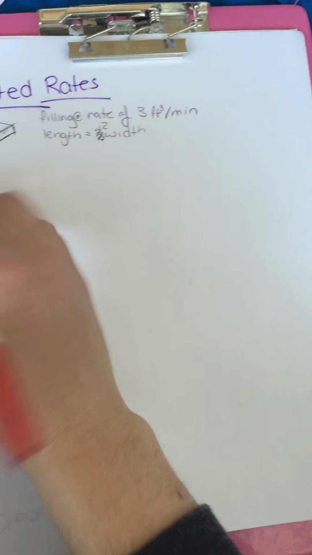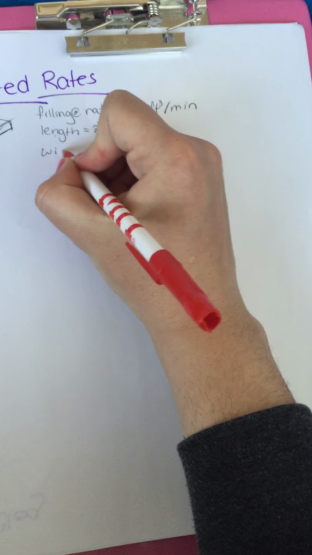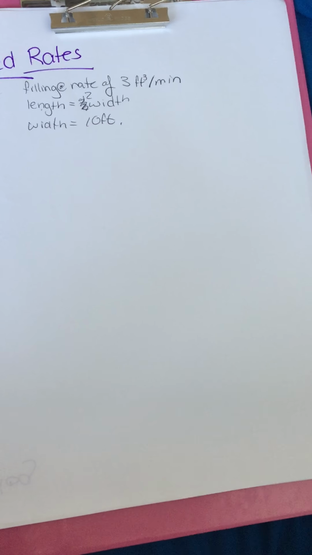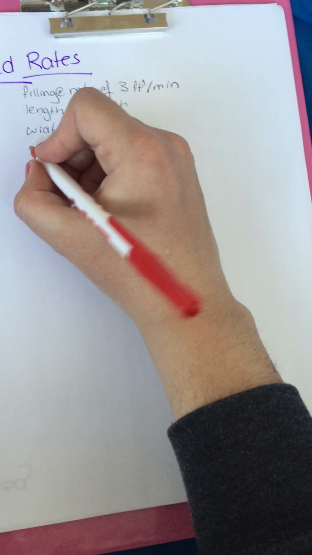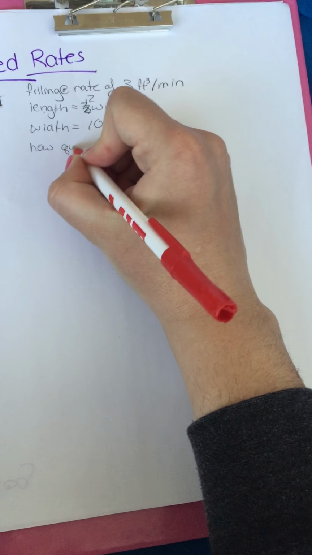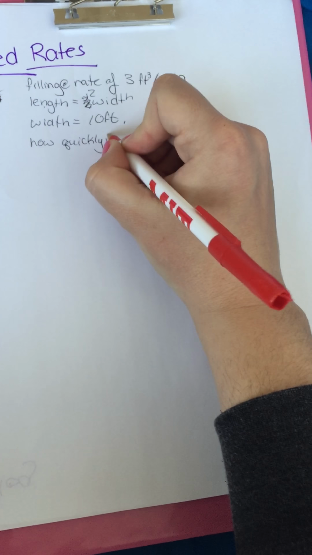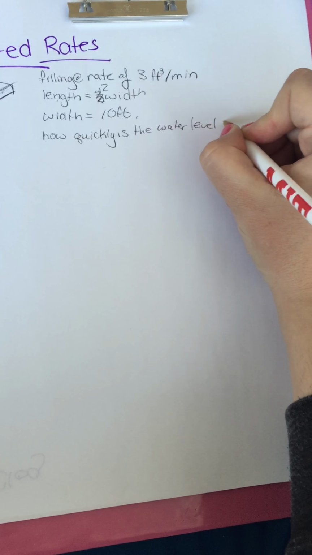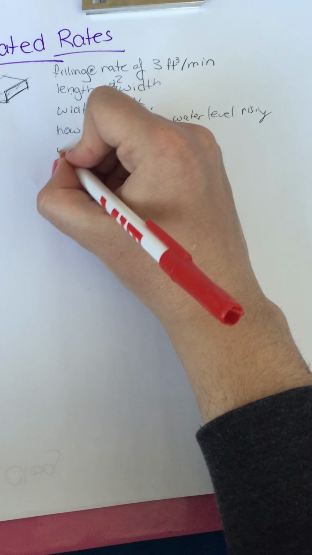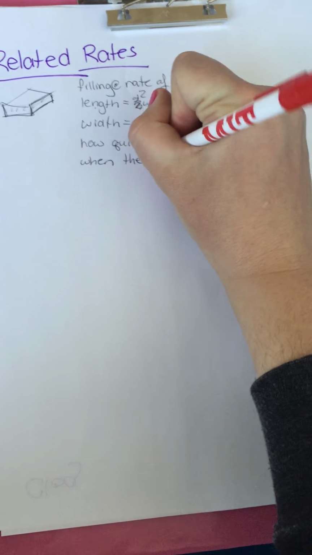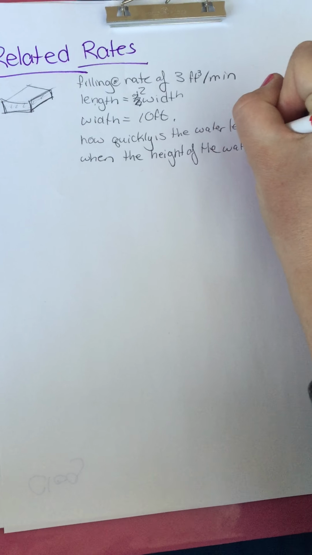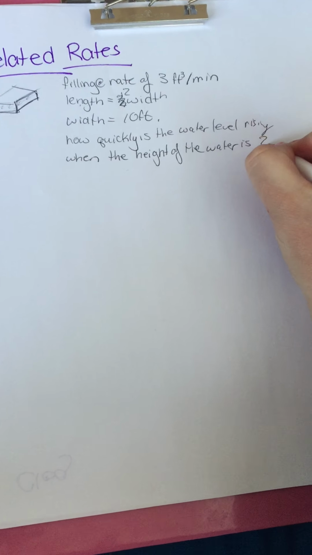Anyway, the length of my pool is 2 times the width of the pool, and I know that the width is 10 feet, and I want to say how quickly is the water level rising when the height of the water is, let's say, 2 feet.